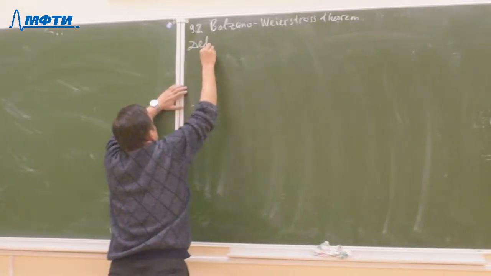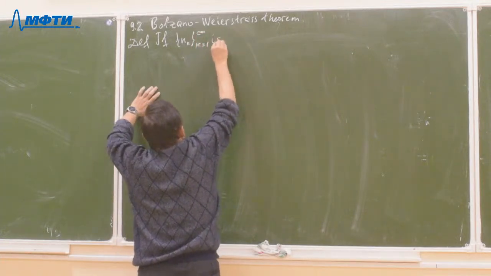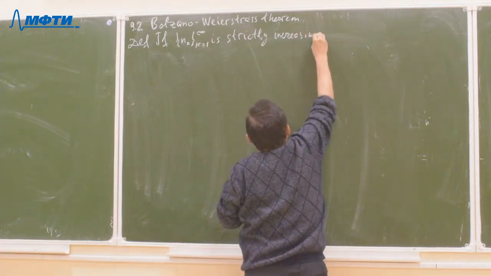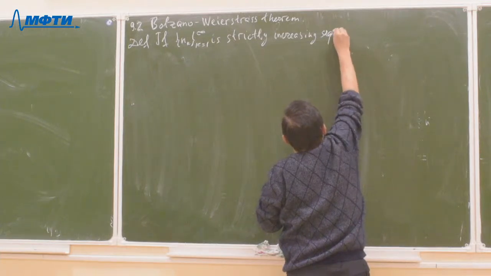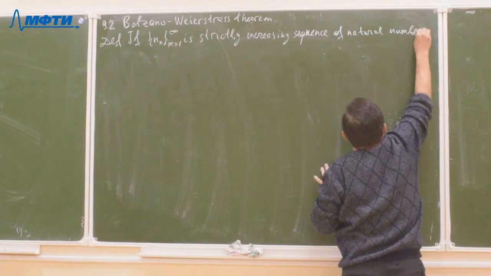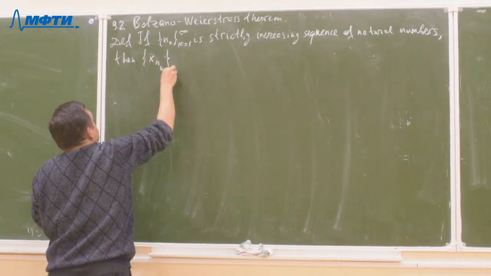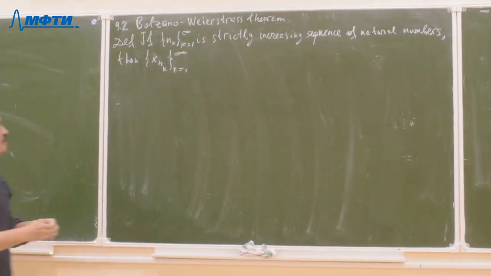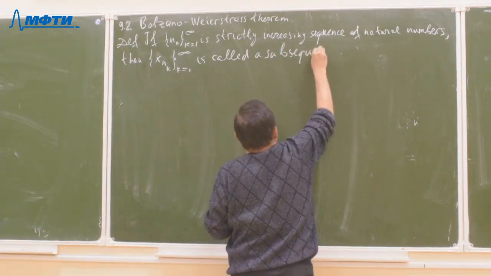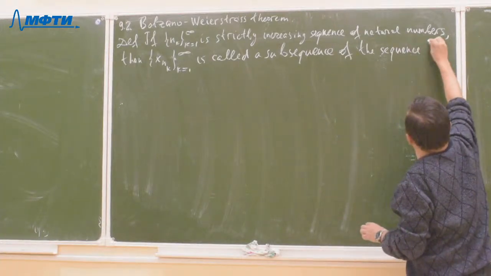Definition. If nk is a strictly increasing sequence of natural numbers, then such a sequence x with indices nk is called a subsequence of the sequence xn.